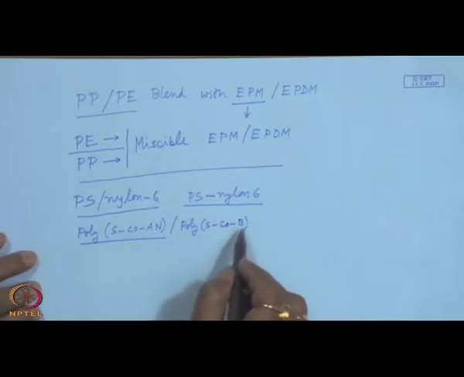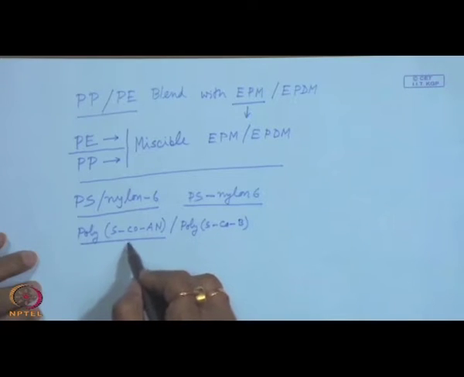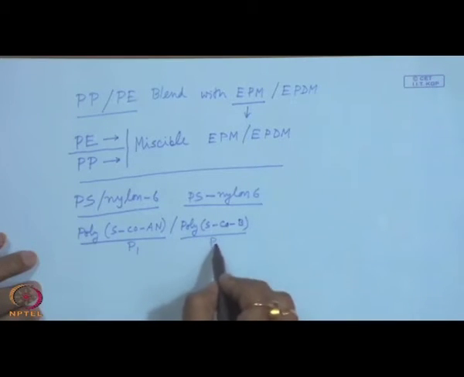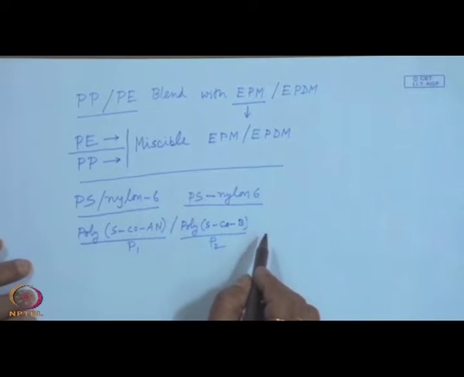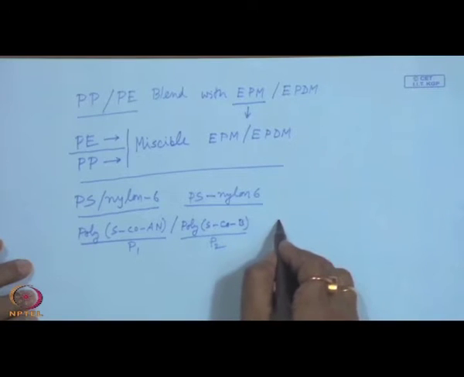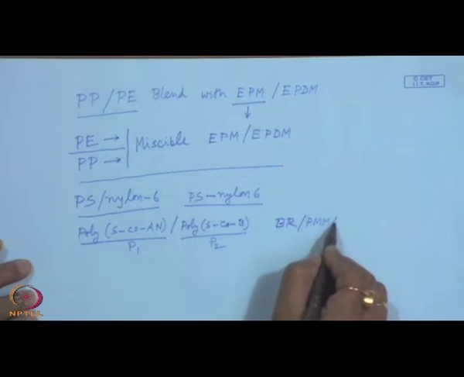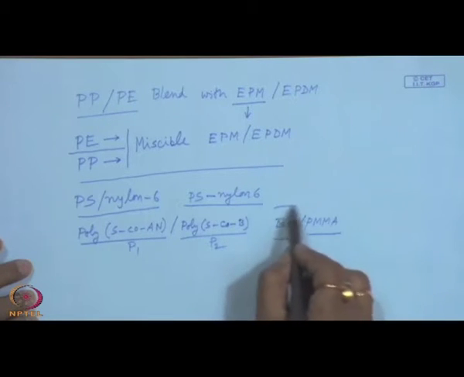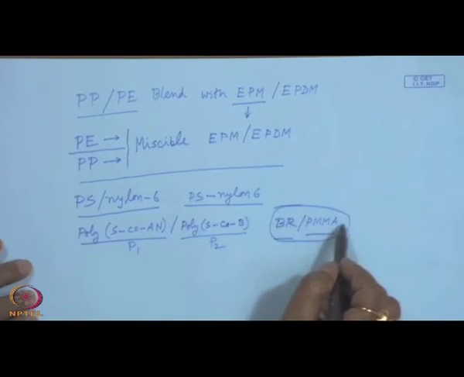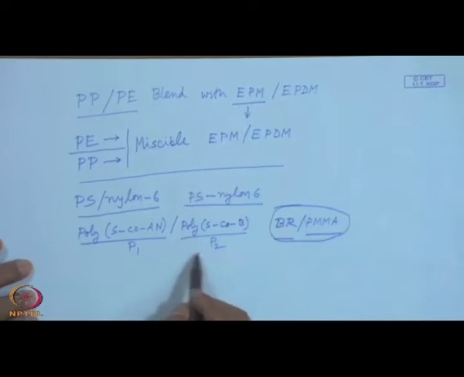So, these two polymers as component polymers P1 and P2 can form a very good blend if one takes blends with butadiene rubber PMMA block copolymer, block of butadiene followed by block of MMA. So, this is a block copolymer. So, such block copolymer can act as a compatibilizer between these component polymers P1 and P2.